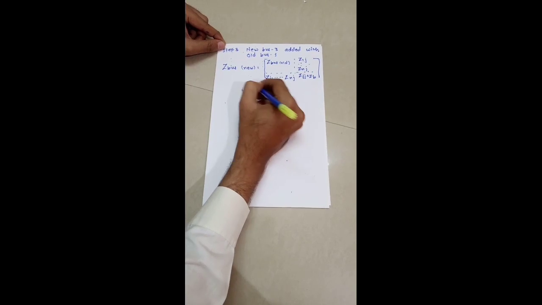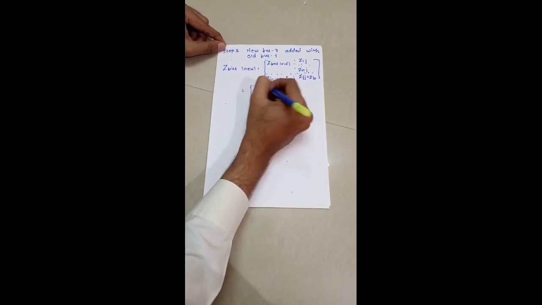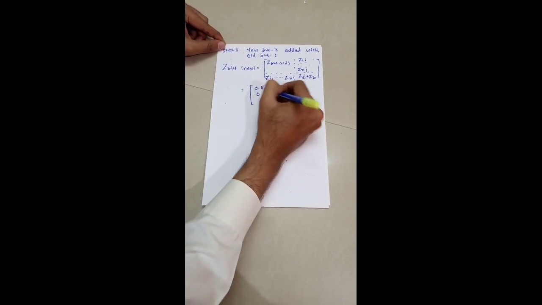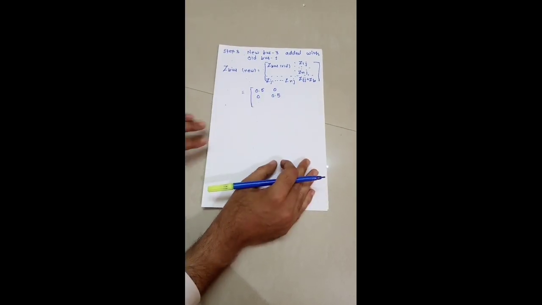Here the Z bus old is 0.6, 0, 0 and 0.5.